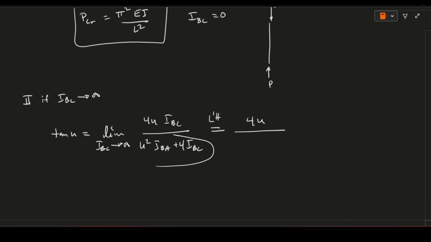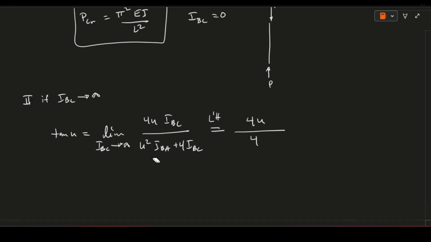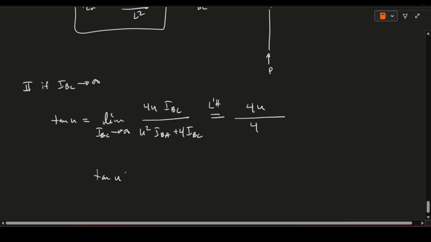And we take the derivative of the denominator with respect to IBC, and we get 4, because taking the derivative of this with respect to IBC, it becomes 0. So we're left with this. That means that the tangent U then becomes just U.